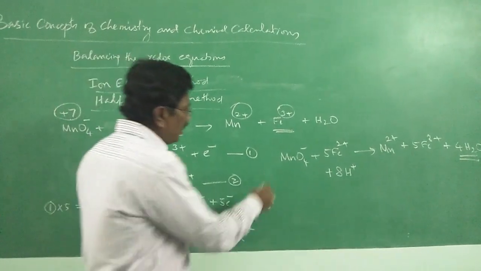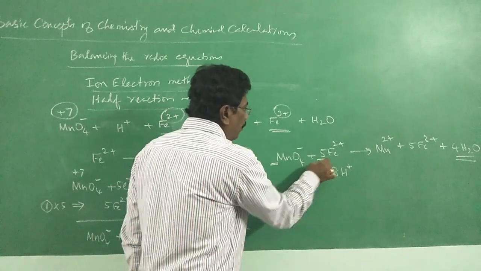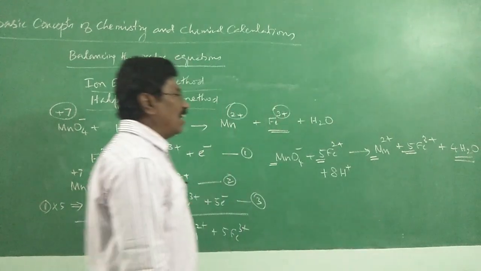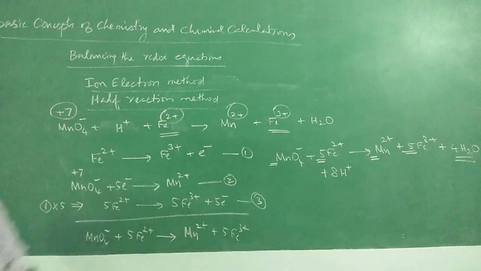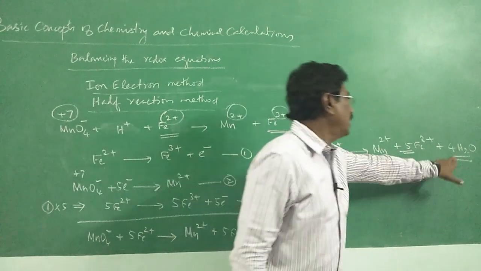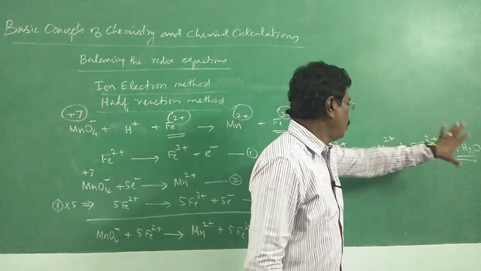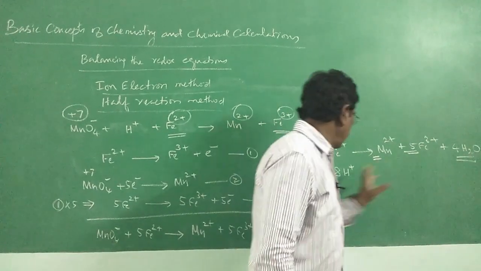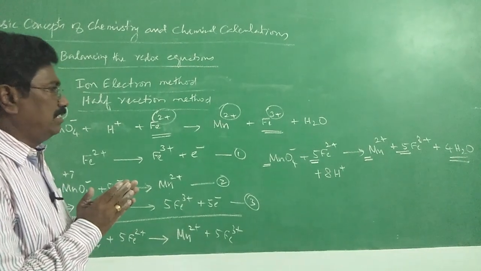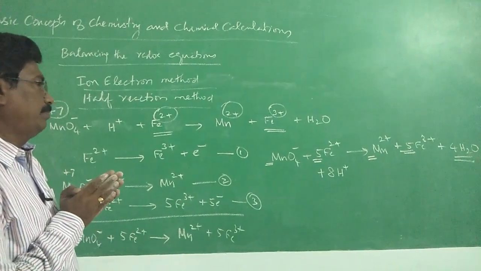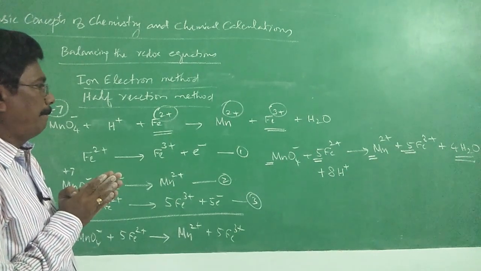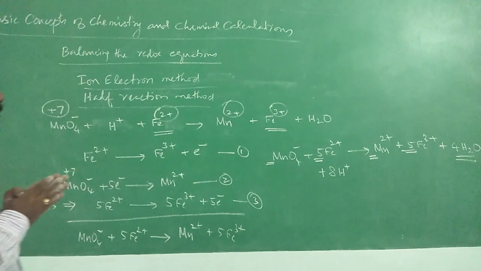So when we make the correct number of the ions which are oxidized and reduced, the rest is very simple. For 4 oxygen, I have to put 4 H2O. Since 8 hydrogen, 8 H plus. Now it is a balanced equation. If we check the charge, it will be balanced.